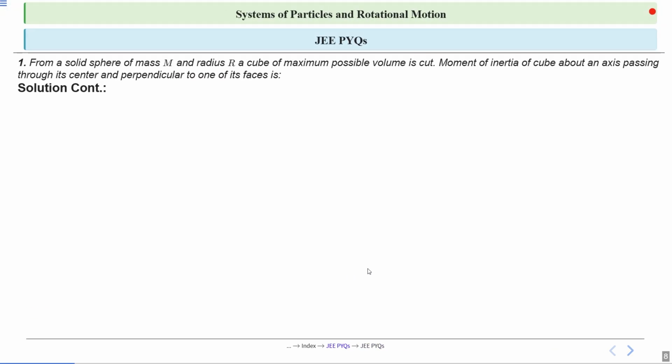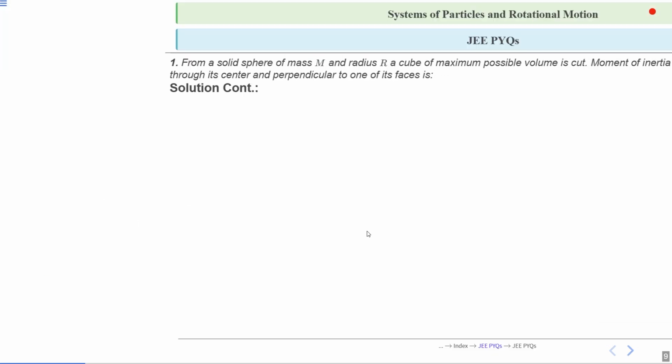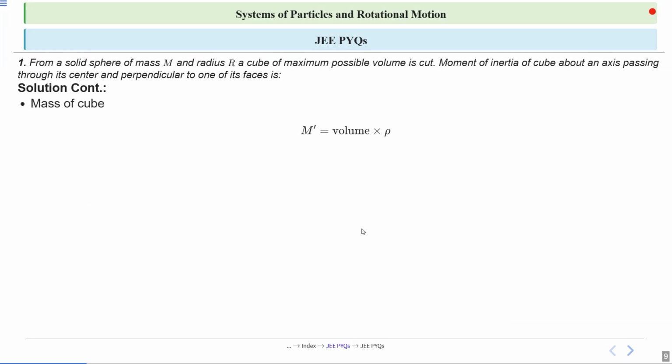So for the solid sphere from which a cube of maximum possible volume is cut, the mass of this sphere is volume into density, and we know the volume of the sphere is 4 by 3 pi r cube, into rho. Yes or no? The mass of the cube is also volume into density.